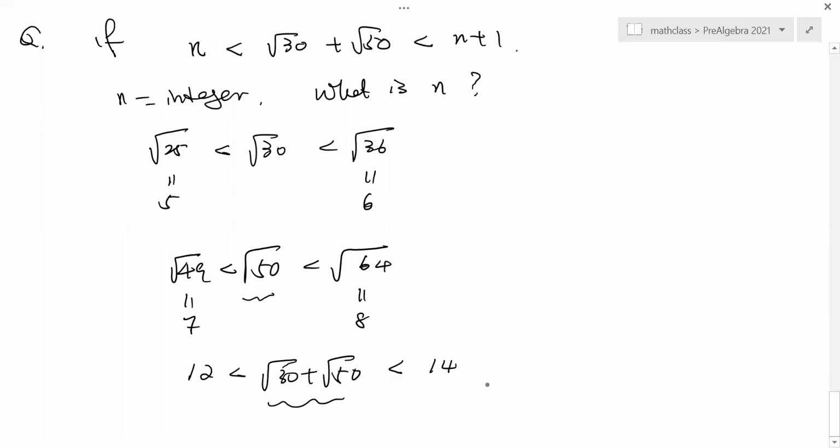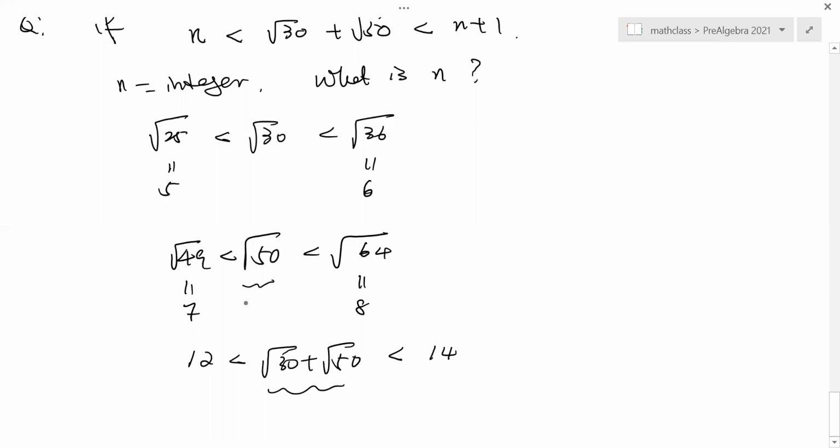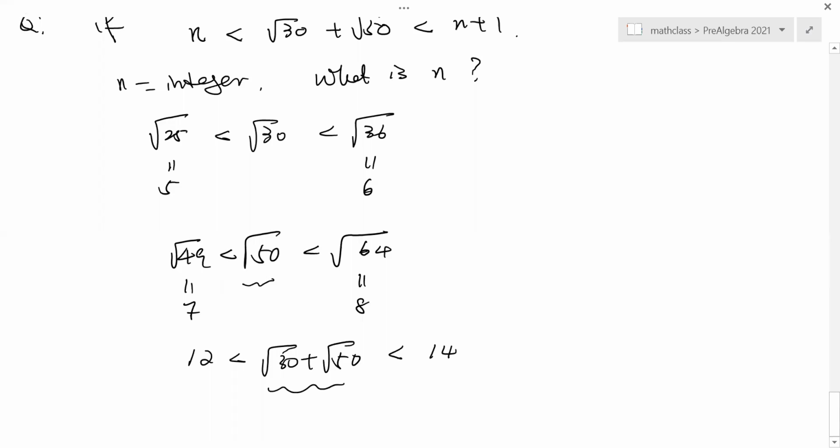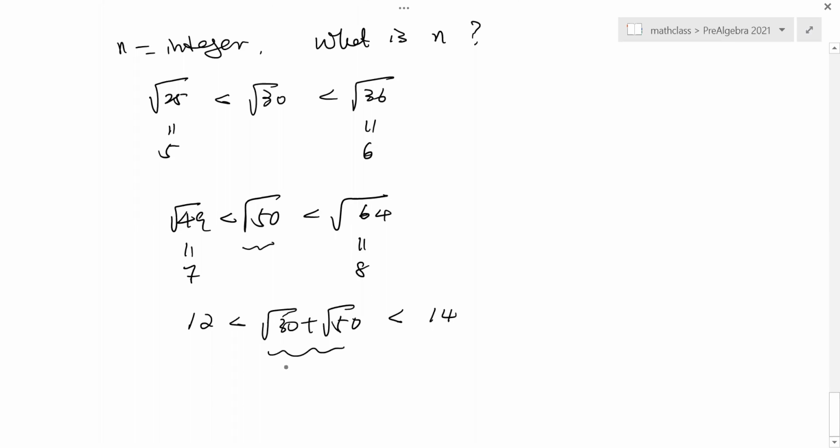The reason is that square root of 50 is very close to 7, because 50 is close to 49. So my rough estimate for the sum is 5.5 plus 7, slightly like 7.1.